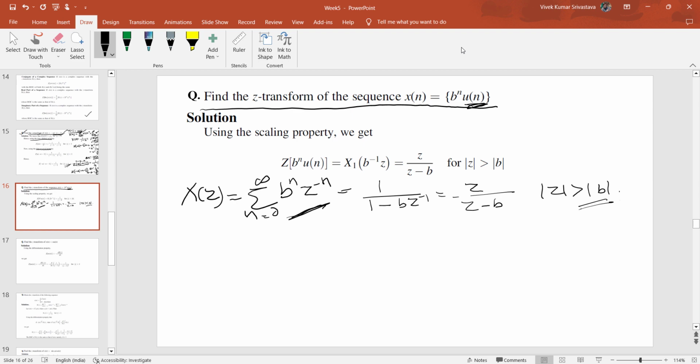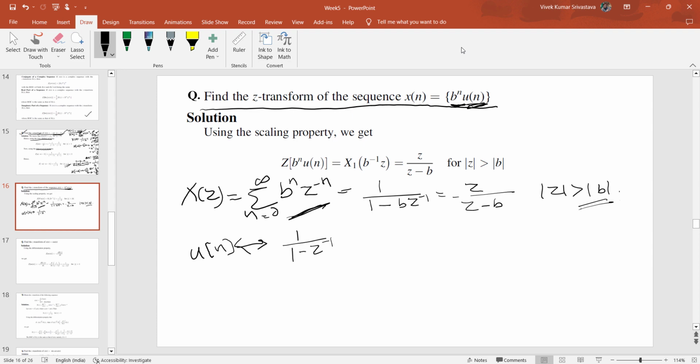Or you can evaluate by using the property as well. Here we are using the scaling property, because a multiplier b to the power n is multiplied with u of n. For u of n, we know the Z transform is defined as 1 over 1 minus z inverse.